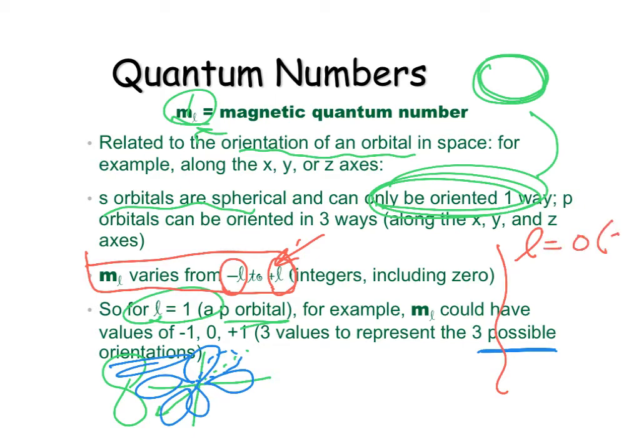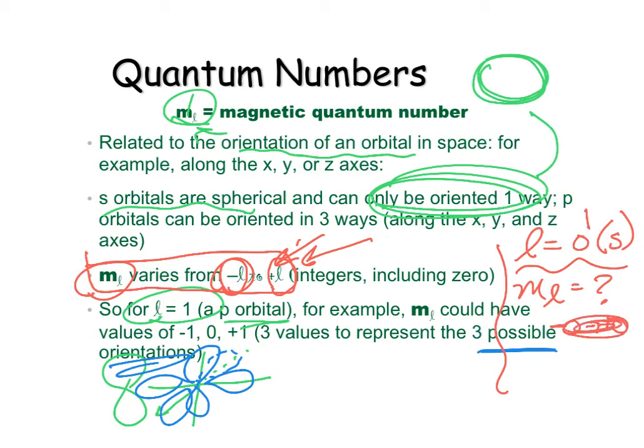So we're talking about an s orbital. What are the values that m sub L could have if L is 0? Well, look back over here. m sub L varies from negative L, so in this case, negative 0 to positive 0, right? So the only value m sub L can have if L is 0 is also 0.